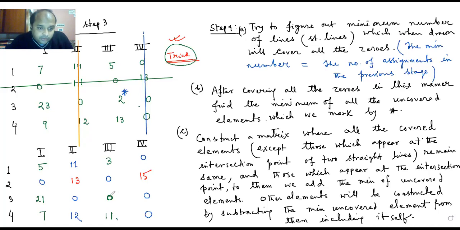Okay, so an extra 0 is there, and let's try to repeat step number 3 once again on the given matrix. I'm not going to apply step 1 and step 2. I'm going to apply step number 3 directly to assign the 0s the way I assigned them earlier.